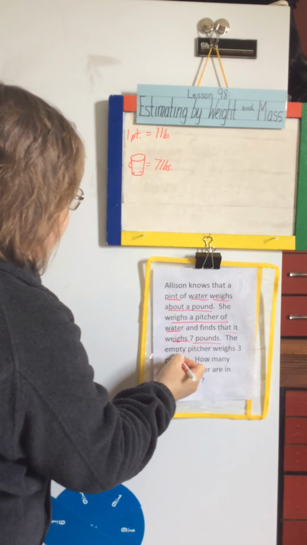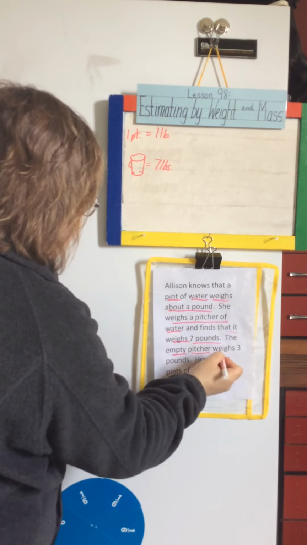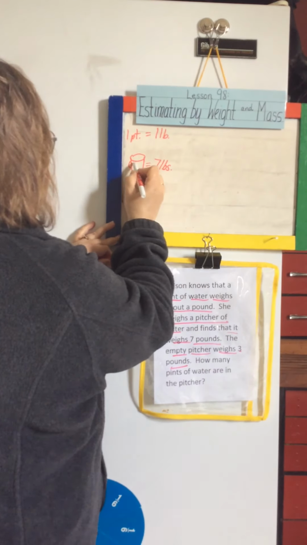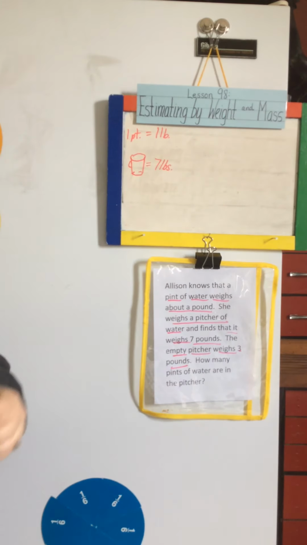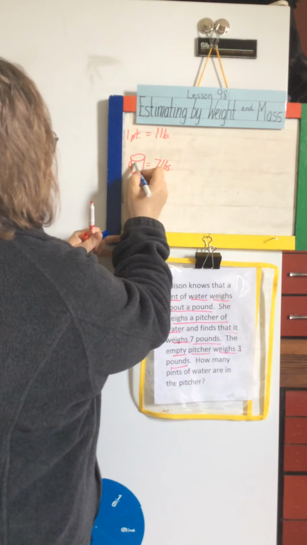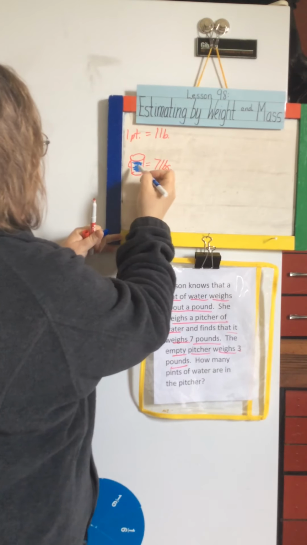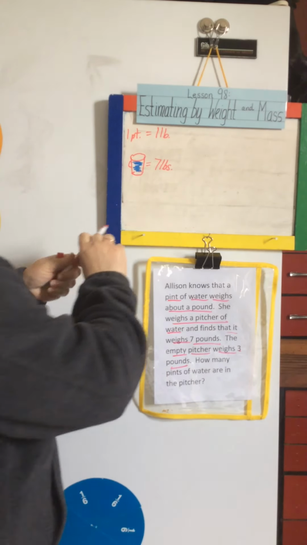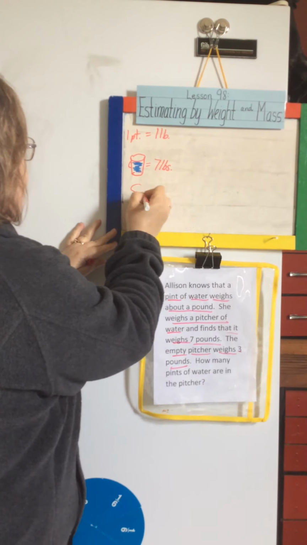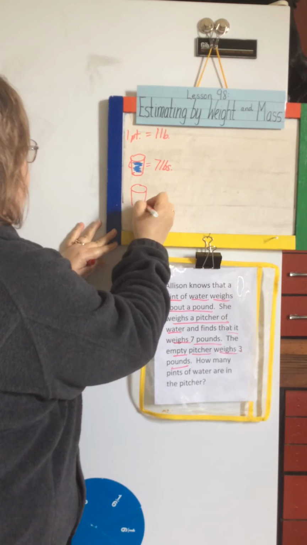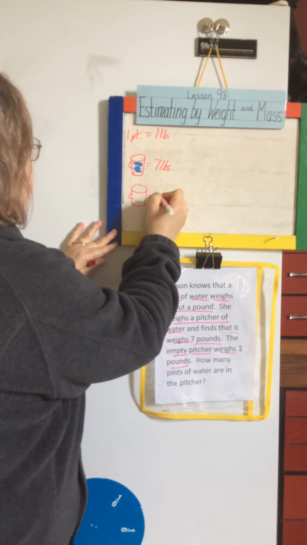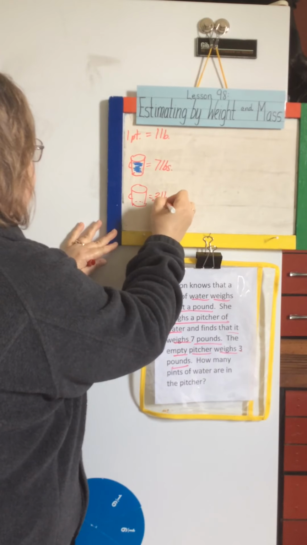Now the empty pitcher weighs 3 pounds. So if an empty pitcher weighs 3 pounds, this one must be full of water, right? So the one filled with water weighs 7 pounds, and the empty pitcher weighs 3 pounds.